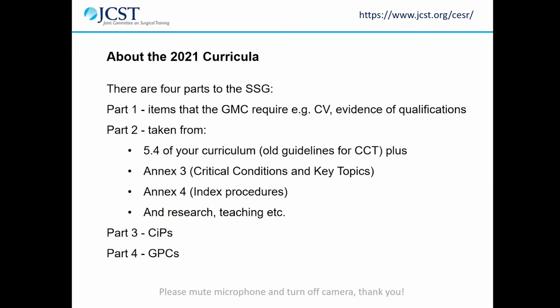Part 2, and part 2 really is key. That comes from section 5.4 of your curriculum. It's not the same in every curriculum, but this will go through and tell you what sort of numbers you need, what the index procedures are, what the critical conditions are, what you need to provide work-based assessments for.